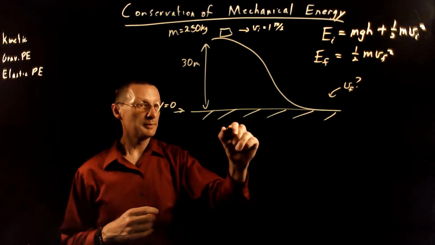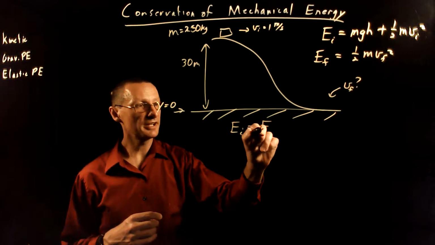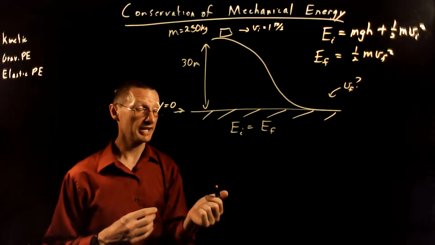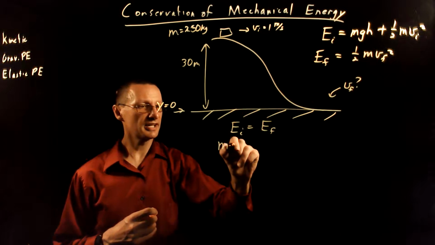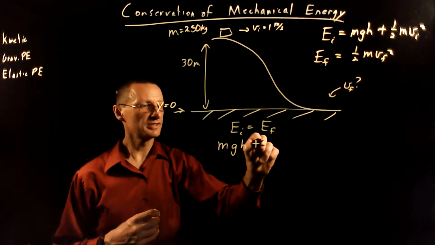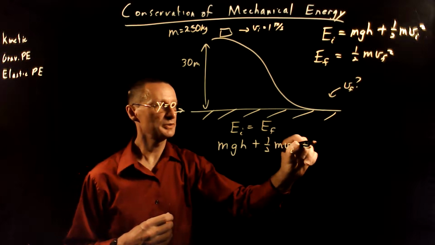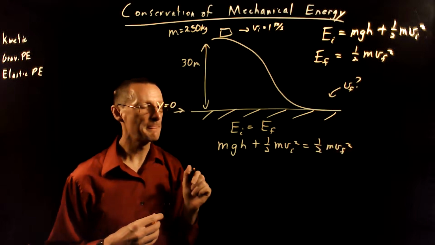Okay? And by saying that energy is conserved, we're saying the initial energy is equal to the final energy. That's what this statement means. So that when we write this out, mgh plus 1/2 m v initial squared is equal to 1/2 m v final squared.